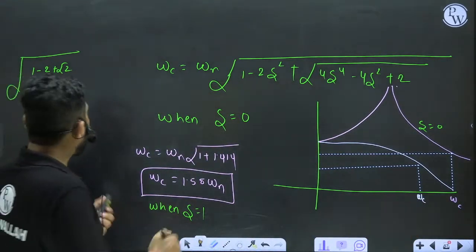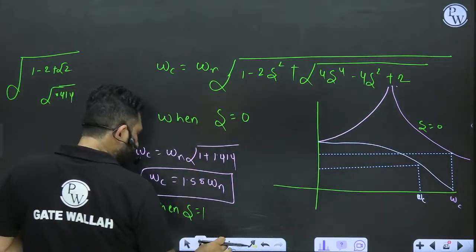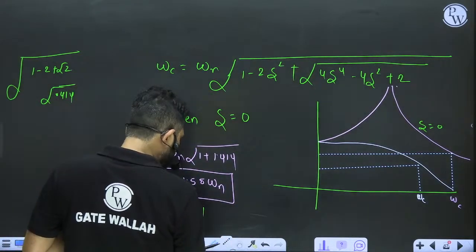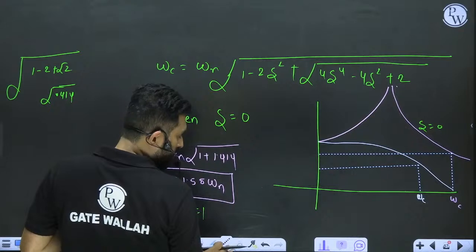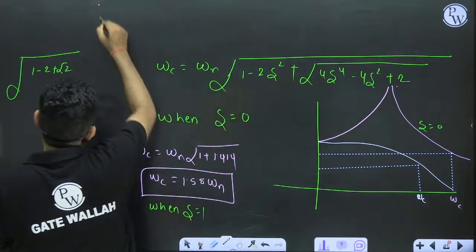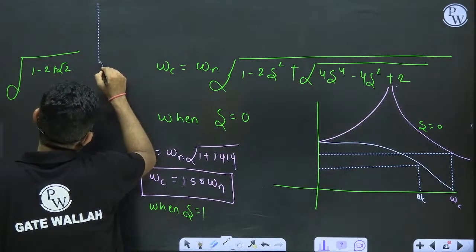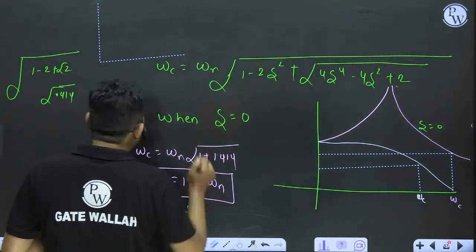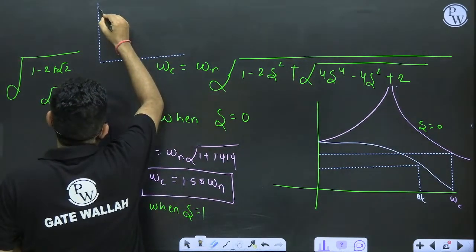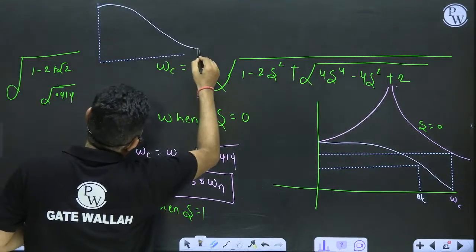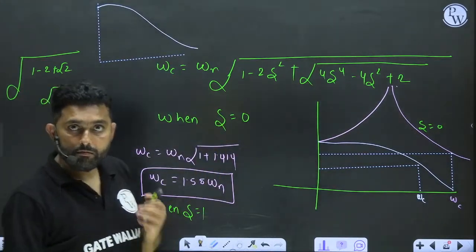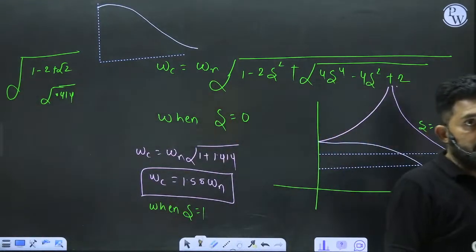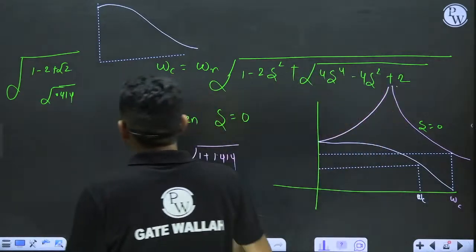So we can make a plot of bandwidth versus omega. This is the maximum bandwidth, and it will decrease.